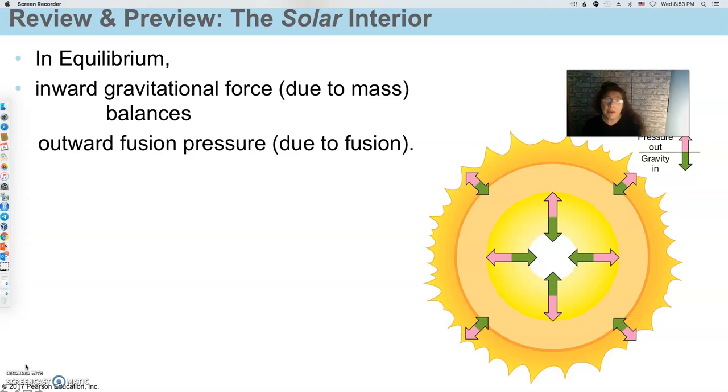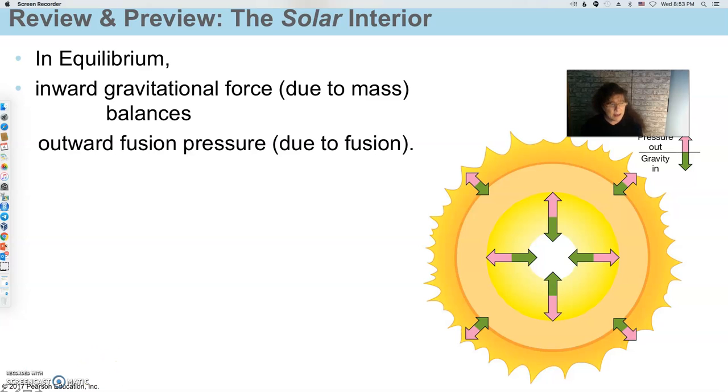According to the law of equilibrium, like I had mentioned in another video, the sun does not explode from the nuclear fusion in its core because the huge mass of the sun exerts so much gravity. So there's gravity pulling in and explosive fusion pressing out.